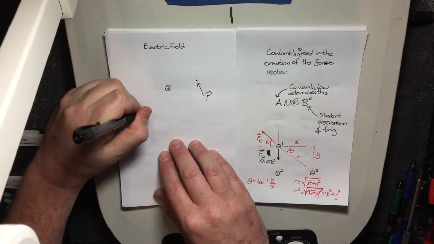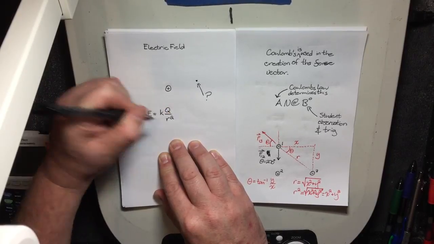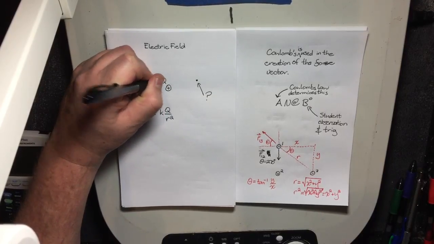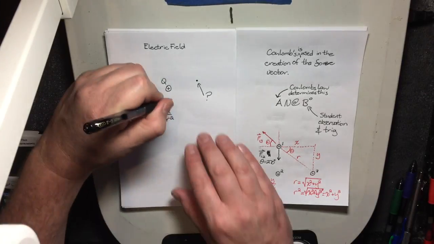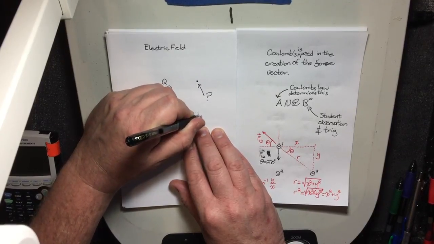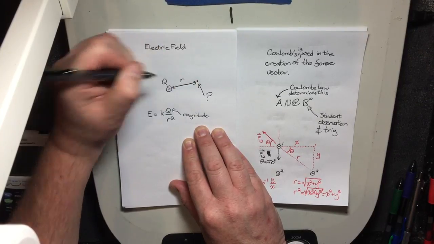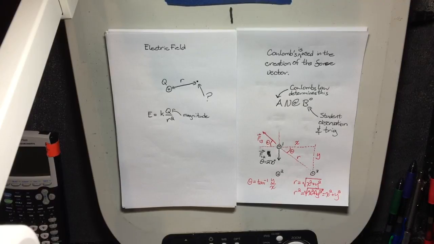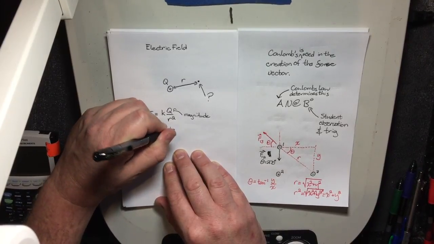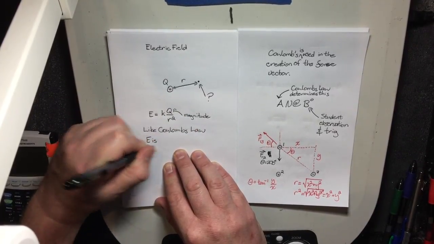And the electric field is K big Q over R squared, where the Q is the charge of the point, and it is also a magnitude. And then this is the distance between the two. Like Coulomb's law, E is positive.